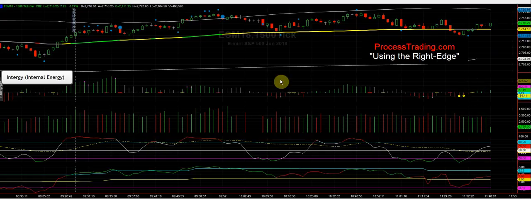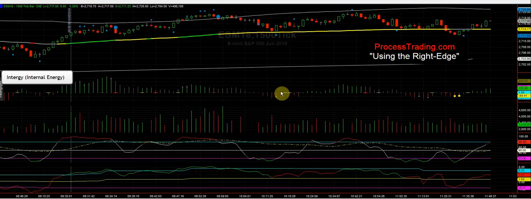And now we'd be looking for the supply to dissipate and strength come back in. So you can see how this Intergy indicator is a much more effective and intuitive read. Now, when you combine that with the cinnamon oscillator and the short-term trend oscillator, as well as what the price bar is doing in the VWAP and everything, then you really, really have a complete package of what price is doing and how price is going to move.